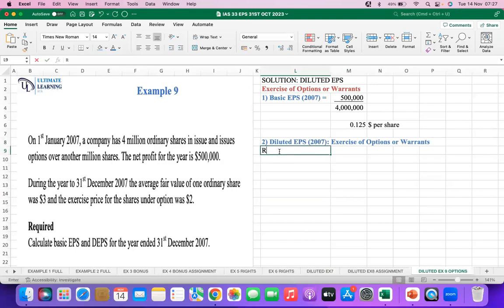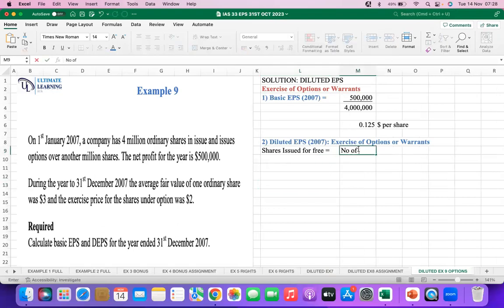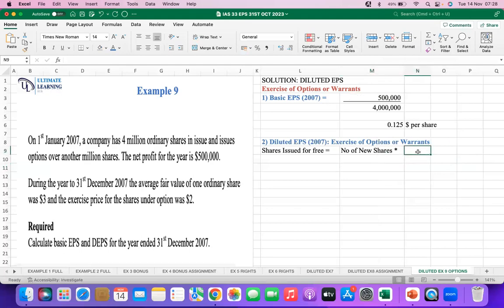In order to get the shares issued for free, it will be equal to the number of new shares times the market price per share, that is the fair value, minus the option rate, divided by the market price per share. Please, this is the most important point here.